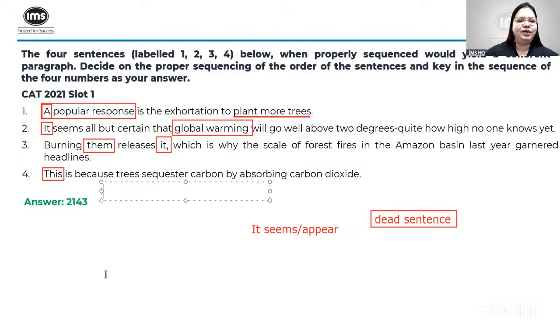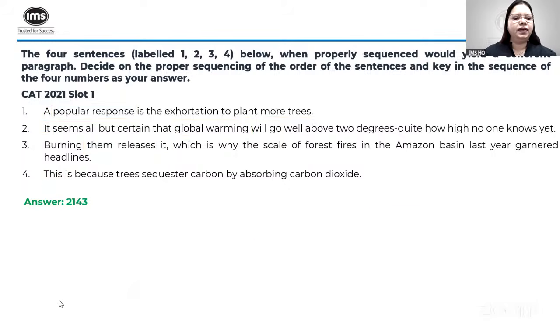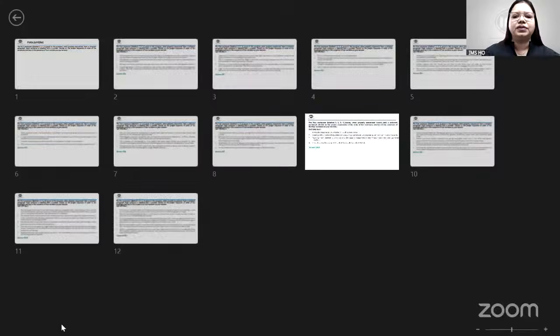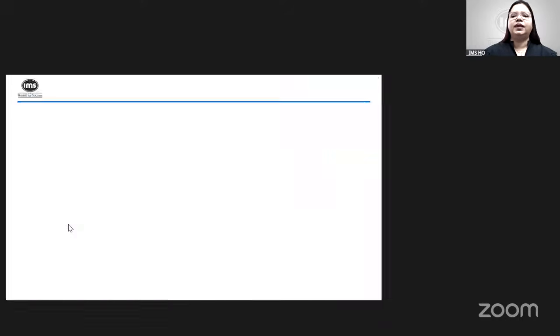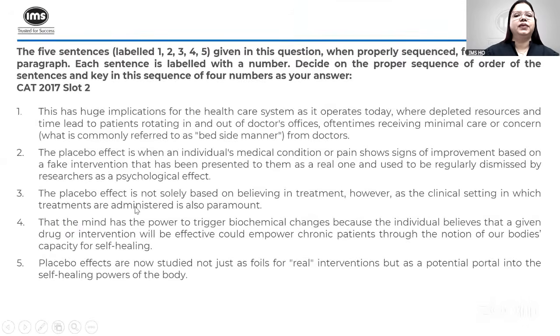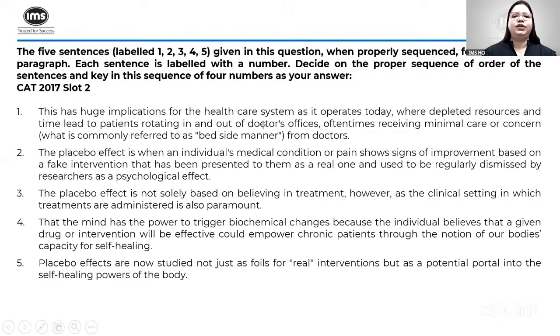Okay, quickly, without wasting too much time, I'm going to take you to one of the 5-sentence questions. Okay, I think this one. CAT 2017. After that, we did not have 5-sentence parajumbles.